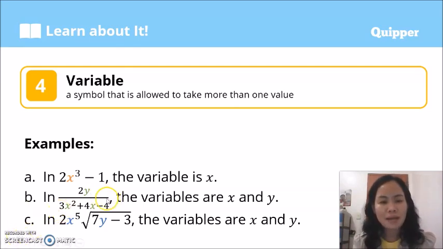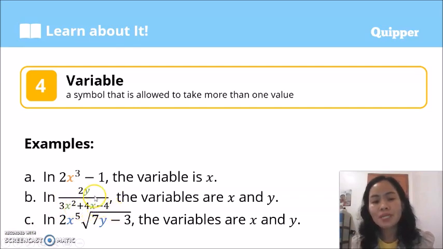So, in B naman, we have 2y over 3x squared plus 4x minus 4. So, the variables here are x and y. Right? So, ibig sabihin yung x, pwede tayong mag-assign ng 1 dyan. Pwedeng 2, yung value niya, pwedeng 3, pwedeng 4, and so on. So, x and y can take more than one value. That is why we call them as variable.